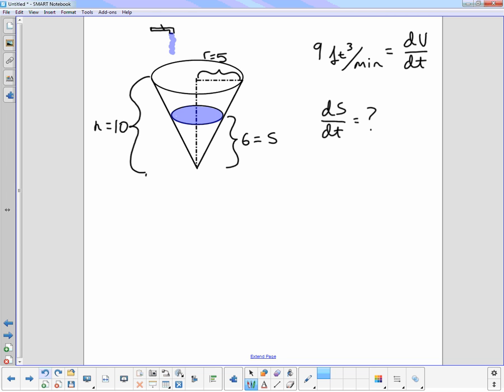This cone is just a whole bunch of disks of water. This amount of liquid is not going to be enough to fill that height. You need more of it.